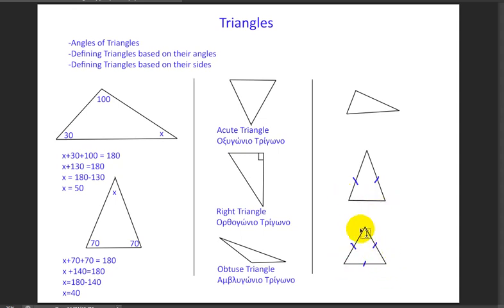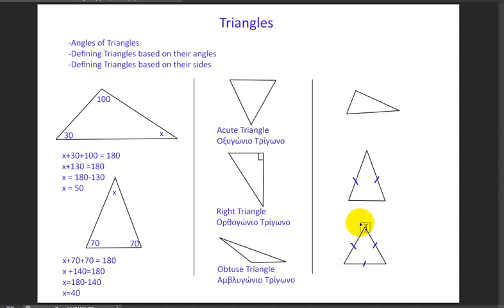And here, since all 3 sides have the line through them, all 3 are equal. Here, where you see no lines through the sides, that means that all the sides are different, and you can see that just by looking at them. This one is really small, this one is really long, and this one is somewhere in between, right? So here we have no sides equal, here we have 2 sides equal, and here we have all 3 sides equal.